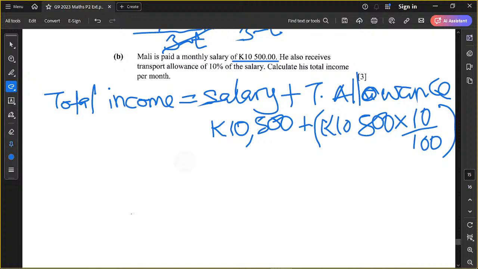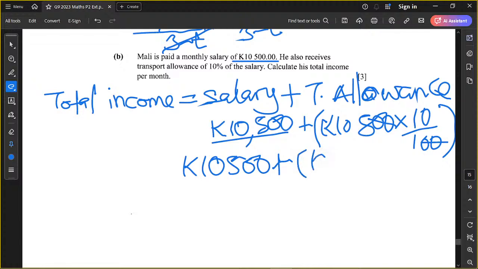So we write 10,500 kwacha, this is the number we are just copying. Plus, we cancel the 0 down here and the 0 down here. So we put in bracket, we have remaining 105 kwacha times 10. We put in bracket like that until we are done dealing with those in brackets.